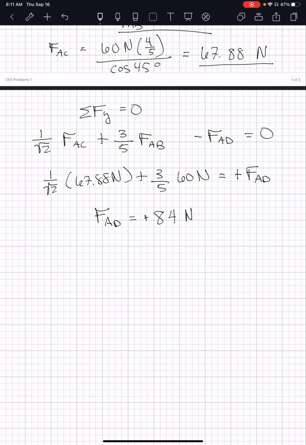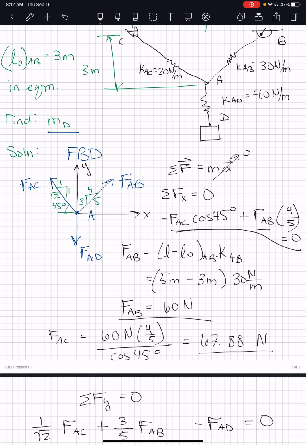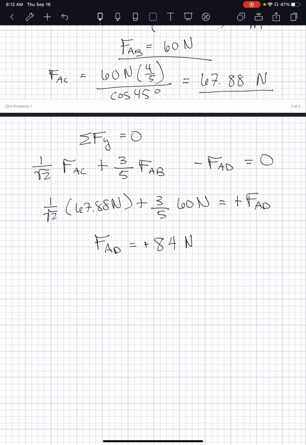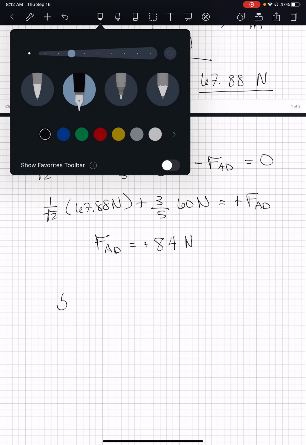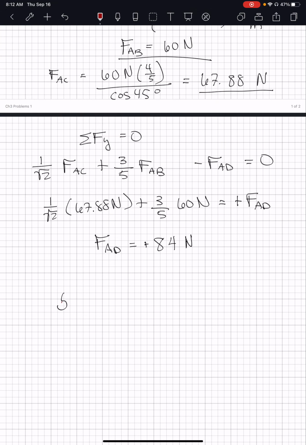So now we have FAD. Now let's do a free body diagram of just that hook that was holding the weight. We have that little hook here, and from that we have FAD, and we have the weight.